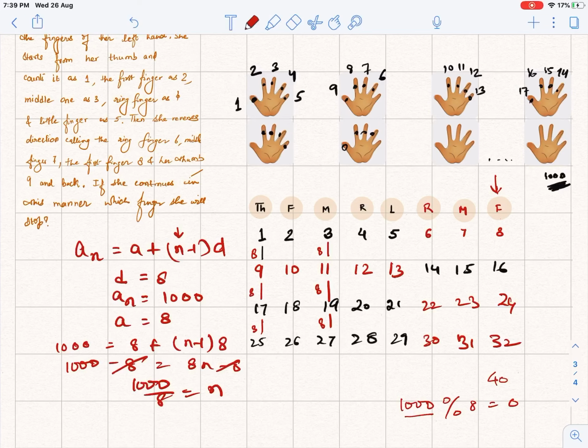This gives me 125. So we know that the 125th finger will be where we have 1000, and since 1000 is divisible by 8, we know that number will be the first finger.